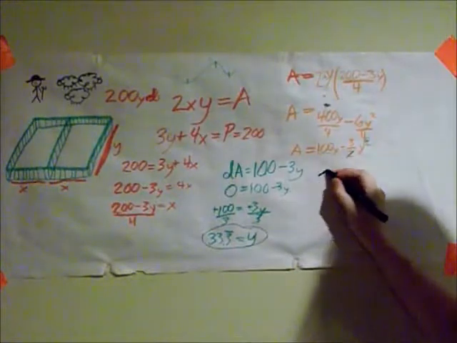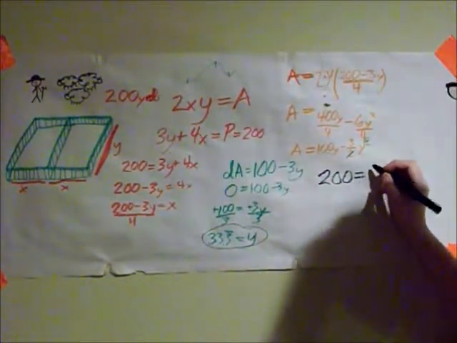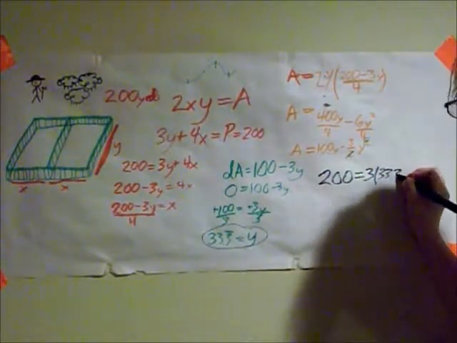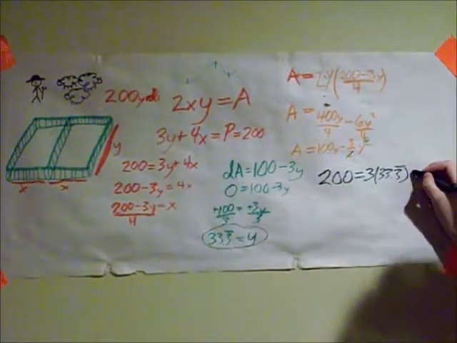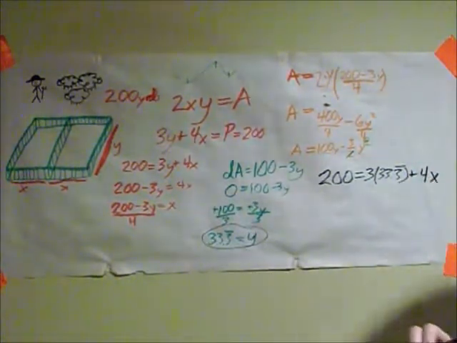So, we write it out again. 200 yards of fencing is equal to 3 times 33.3 repeating plus 4x. Okie dokie then.